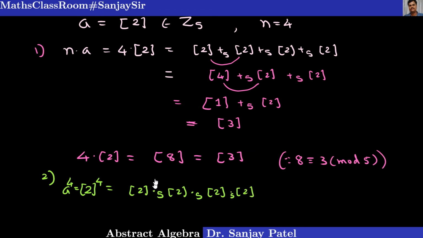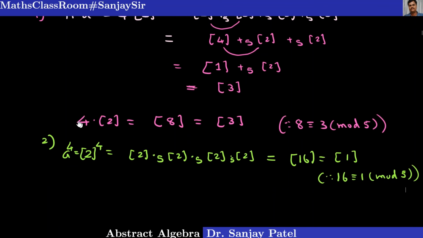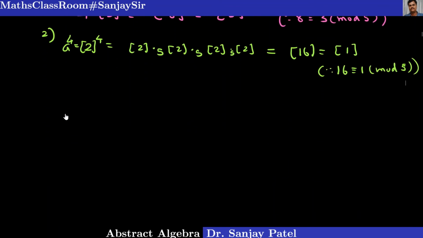As I have shown, you can multiply any 2 elements at a time and then write the value, or let us directly multiply all the elements. 2 into 2 into 2 into 2, that is 2 raised to 4, is 16, and we have to write 16 modulo 5, which is nothing but 1, because 16 is congruent to 1 mod 5. So this is the value of the power of an element and an integer times some element.